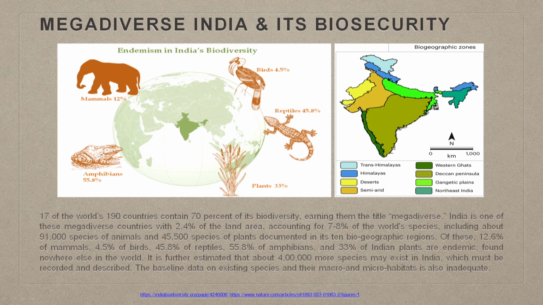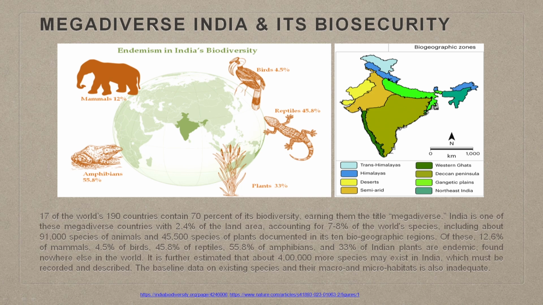The Trans-Himalayan zone, as you could see on the slide. You have the Himalayan zone, which extends all the way up to the northeast. Then you have the desert zone, which is mostly the Rajasthan desert. Then you have the semi-arid zone, which includes parts of Himachal Pradesh, Punjab, Haryana and the NCR region. Then you have the Western Ghats, which start from Maharashtra and go all the way down to Kerala.